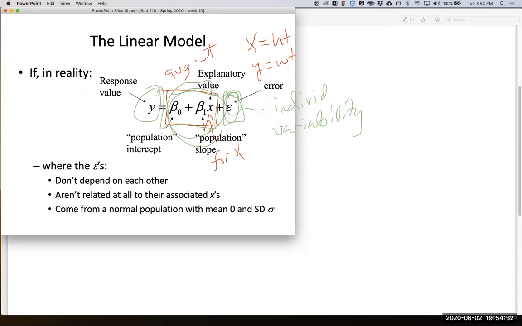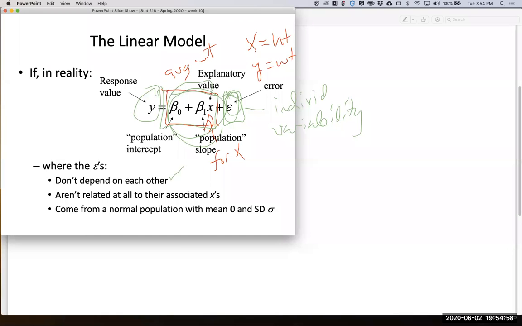And if this is a reasonable description of the population, where knowing my neighbor David across the street's epsilon doesn't help you predict my other neighbor uphill from me, Sherman's epsilon, you have epsilons that don't depend on each other.